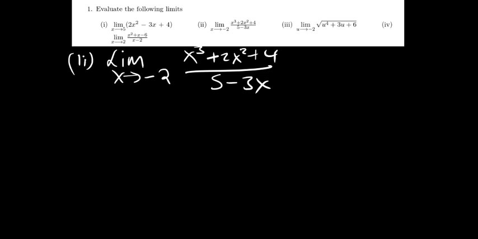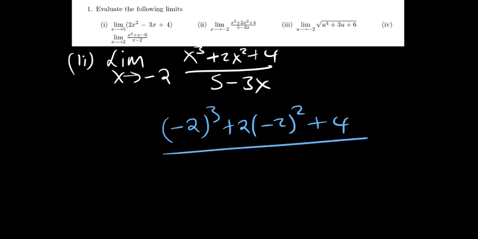Let's try. Where there is x, we put negative 2, so we have negative 2 to the power 3 plus 2 times negative 2 squared, plus 4. On the bottom, where there is x in 3x, we put a minus 2. At least on the denominator we don't have a 0.